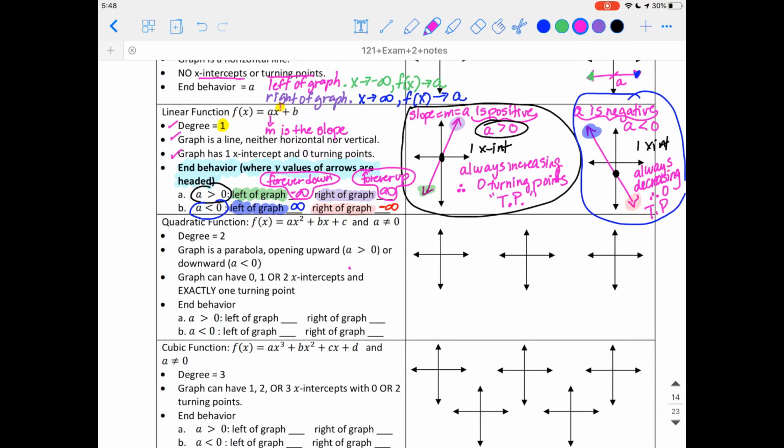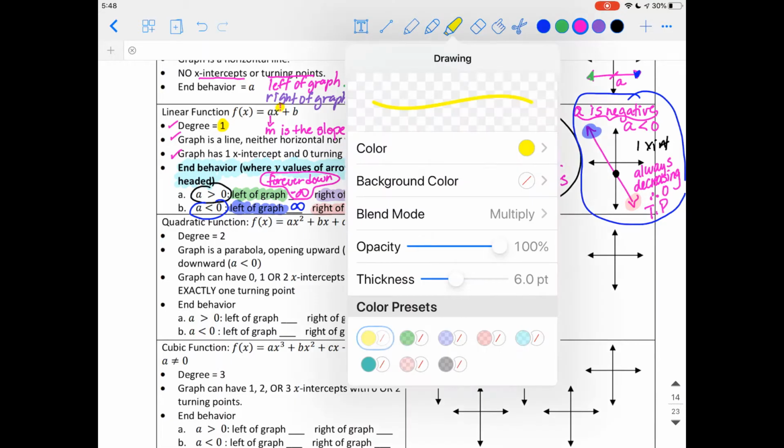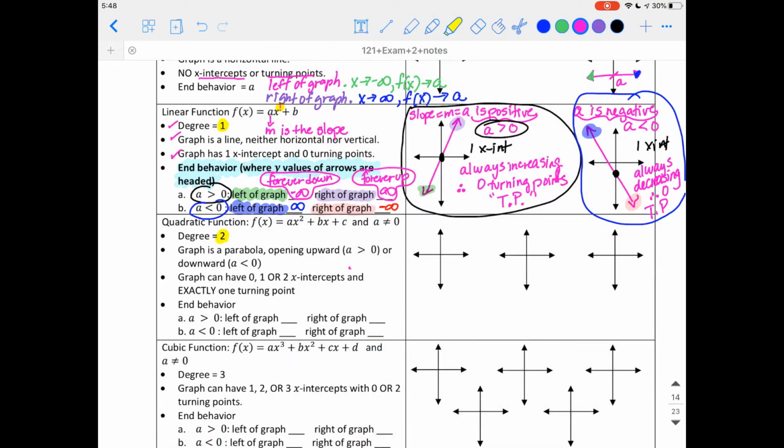Okay, so for a quadratic. So we know f of x is another name for y is equal to ax squared. And so now from here on out, the degree, which is 2, which is the highest power, is going to be nice and obvious. So quadratic function is equal to ax squared plus bx plus c.